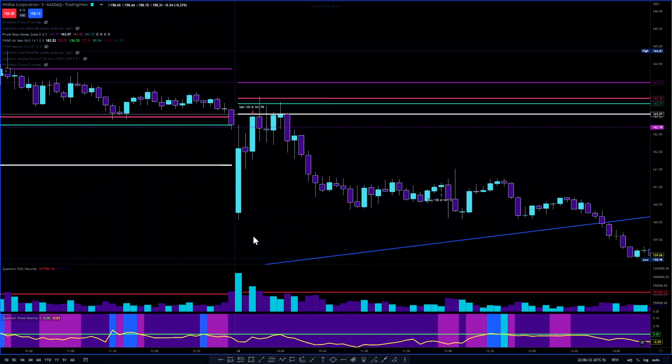So I was looking for at least a retest of the value area low for the most. Looking for a value area low test for the most, and then we can start selling off, right? When I entered the trade, it was on the third 5-minute candle, which was here.